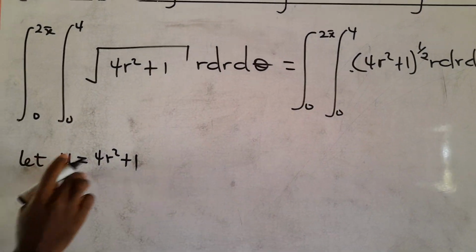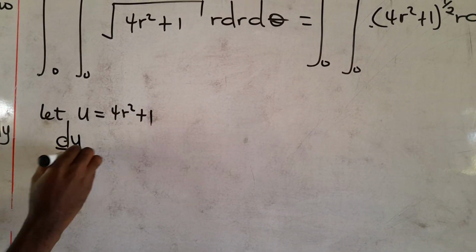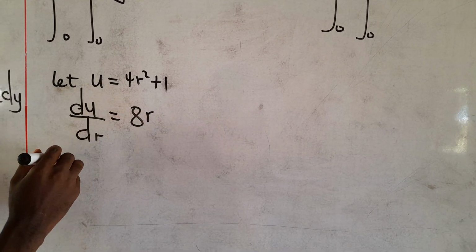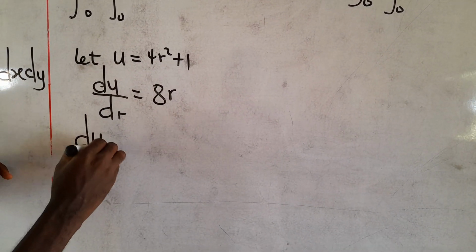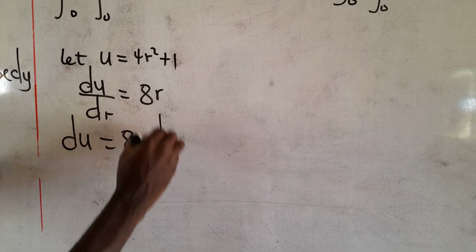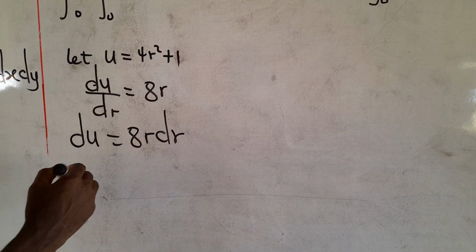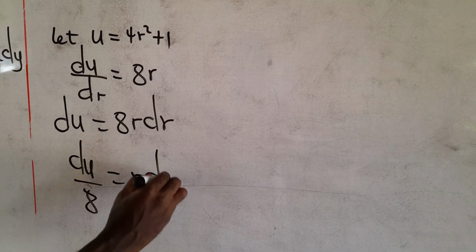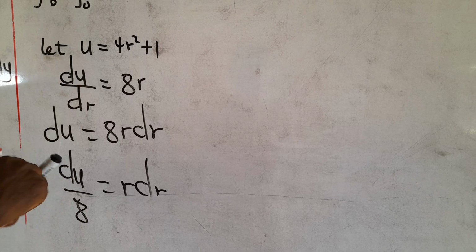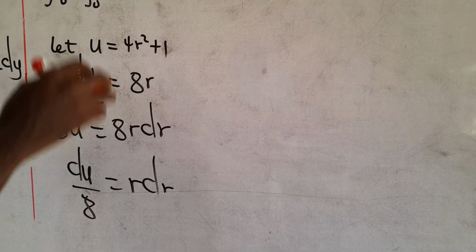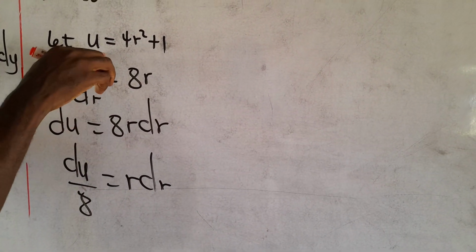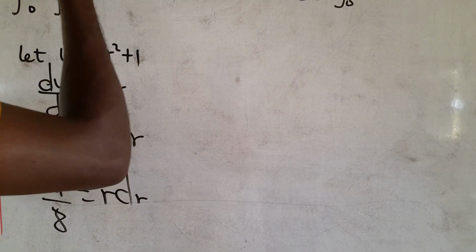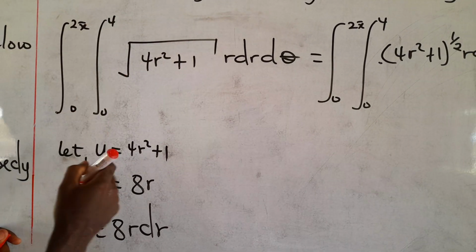So we can find du over dr. Du over dr will be equal to 8r. When we multiply both sides by dr, we can say our du is equal to 8r dr. Now divide both sides by 8. Our du over 8 will be equal to r dr. Also, because it involves a limit integration that involves integration by substitution, we need to find the corresponding value of u. So when r is 4, what will be u?